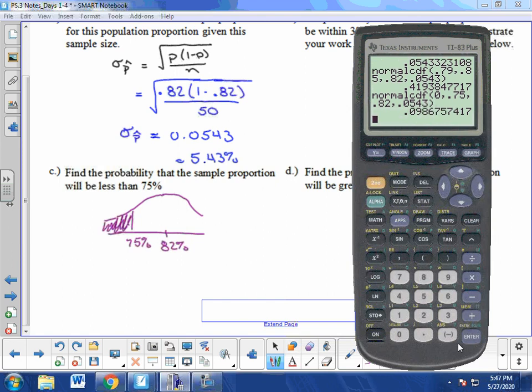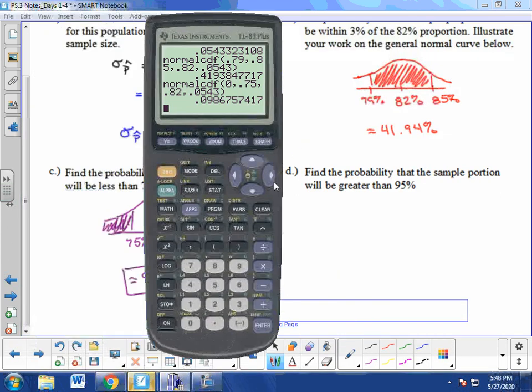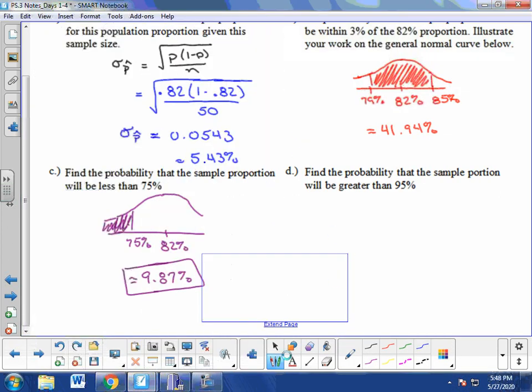Then we can evaluate that, and the probability is approximately 9.87% that our sample of 50 seniors is going to say that 75% or less of our seniors have cell phones.